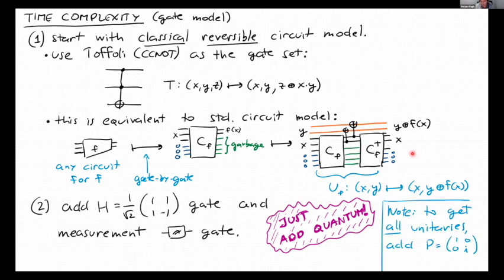Of course, I promised that we would be allowed to apply arbitrary unitaries on these complex vector spaces, and you've probably already noticed that I haven't given you anything imaginary yet. So if you actually want to explore the full unitary space, you need some other gates. But as far as computational expressivity from classical inputs to classical outputs, this Toffoli, Hadamard, and measurement gate set is enough.